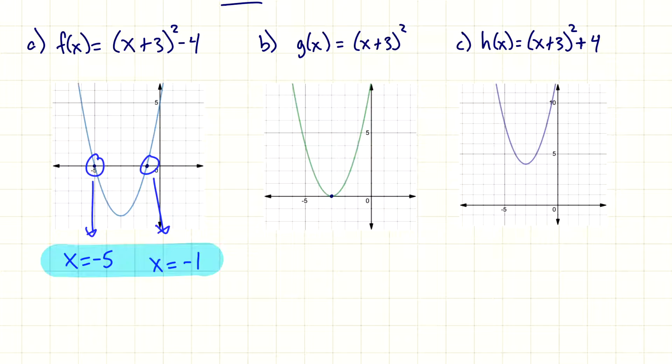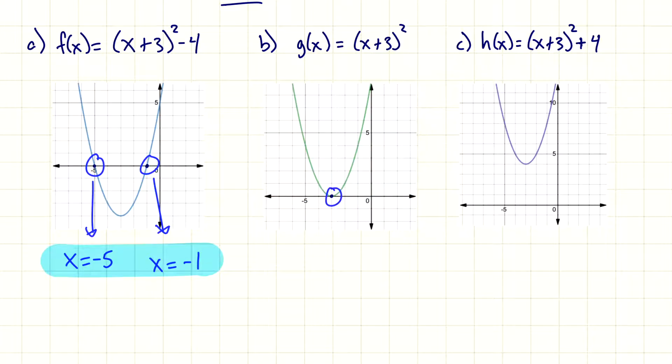All right, so the second one, is it just as easy? You'll notice the difference in the equation, x plus 3 squared. This one has a -4. This one doesn't. Does it matter? Well, when we look at the graph, does it touch or cross the x-axis? Well, it does.